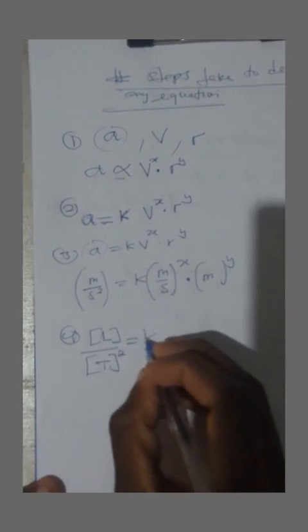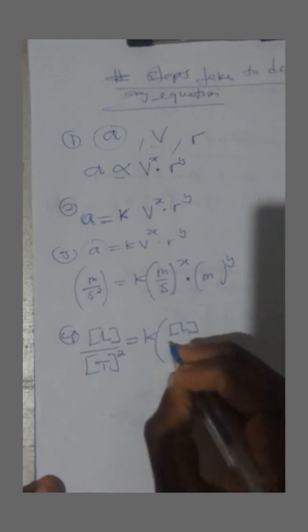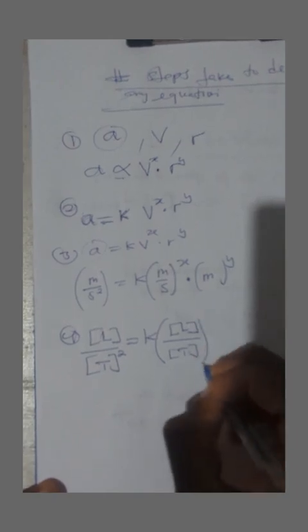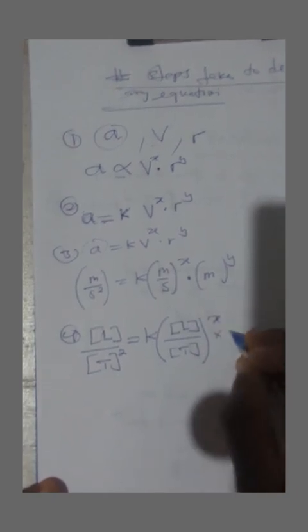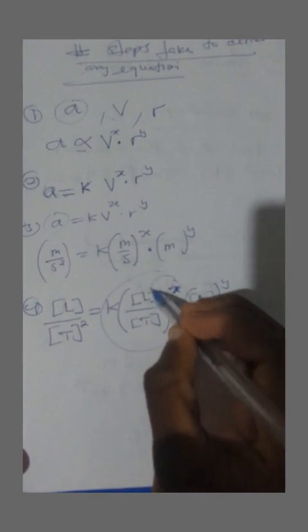Then it will be equal to the constant k, then L over T in square brackets, everything raised to the power x. Then you multiply by the radius, which is meters, so you use L in square bracket raised to the power y. Then what we need to do here is distribute x over the numerator and the denominator.